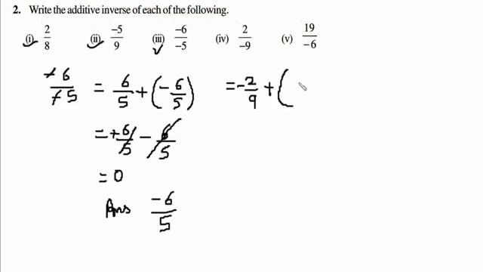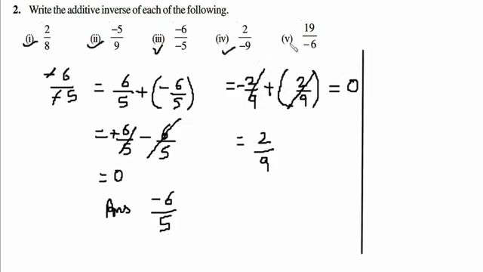Here it is negative, so we will take its positive, 2 over 9. This will give you 0. So if you now cancel it, negative of a rational number plus positive of this rational number gives you 0. So we have its additive inverse as 2 over 9. That's your fourth.